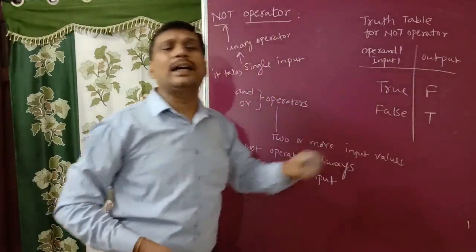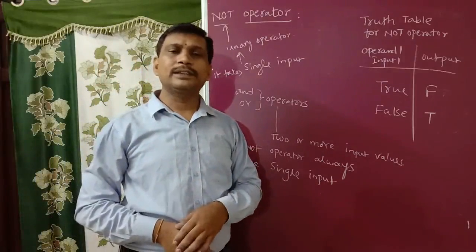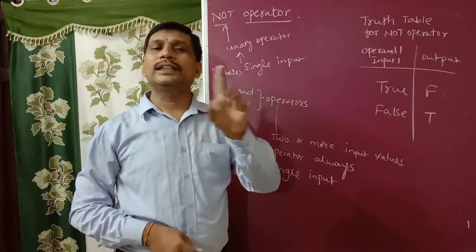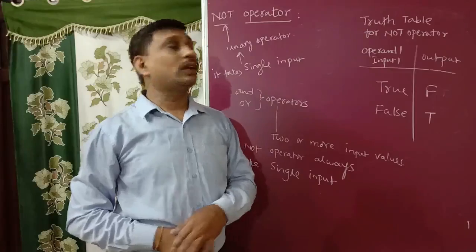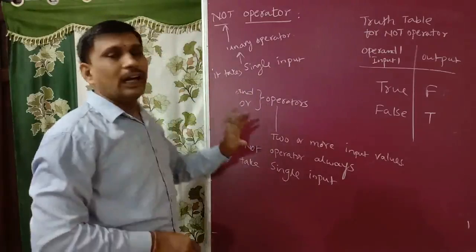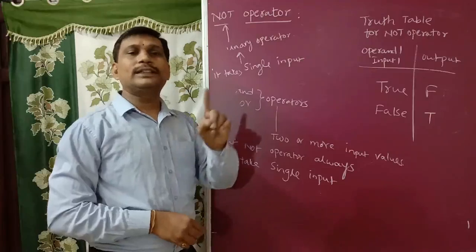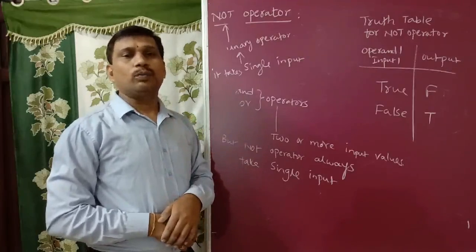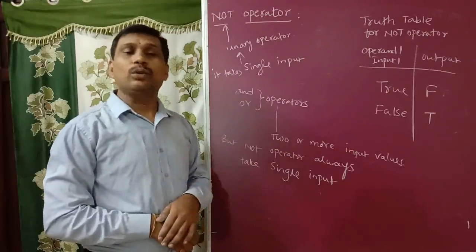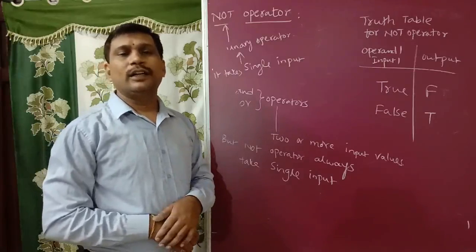The AND and OR operators take two or more input values and return only a single output. So these NOT, AND and OR operators always return a single output, either true or false, depending on the input you give.